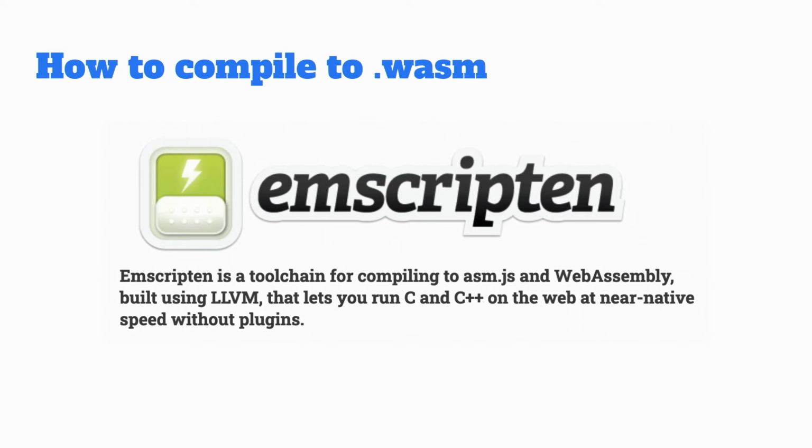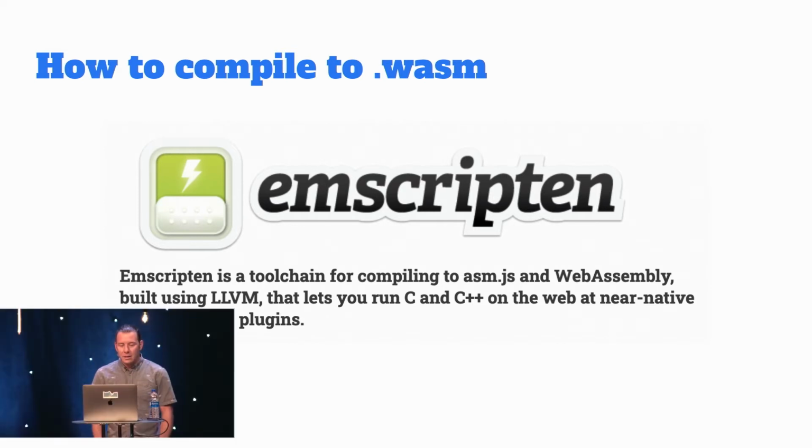I guess it's for robots or something, but it's a highly optimized version of JavaScript. And all that work they did getting C++ to compile to ASM.js, they were able to leverage to build a compiler for WebAssembly. And Emscripten is actually doing a lot of the heavy lifting for these languages.